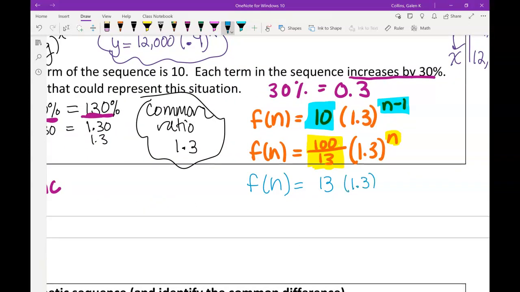I would have the same growth rate, but my variable expression in my exponent would be n minus 2. So that's not a coincidence. If this is my second term, I have an n minus 2 up here. So that's a pattern we've been slowly developing and observing as we work through these in class.